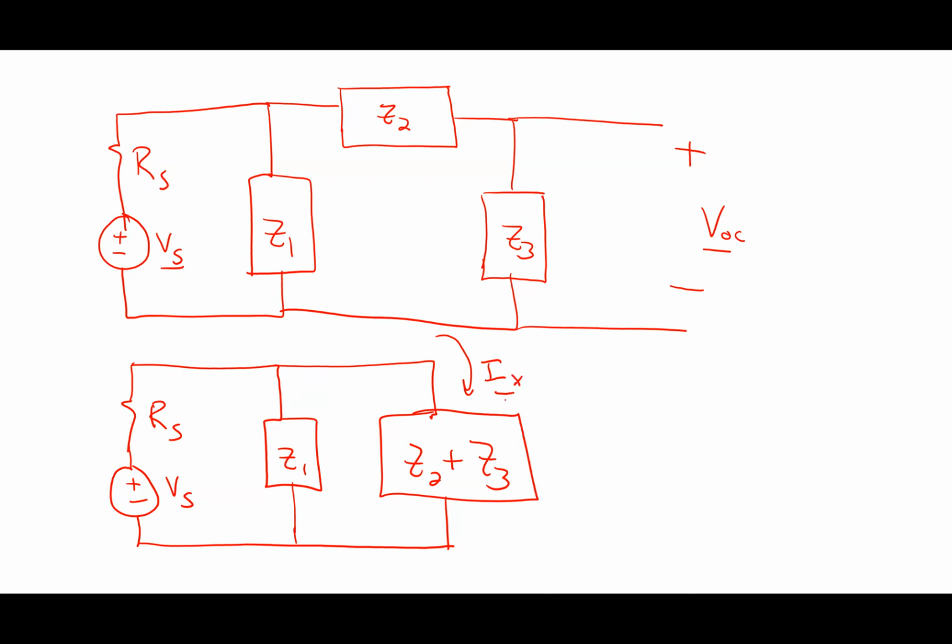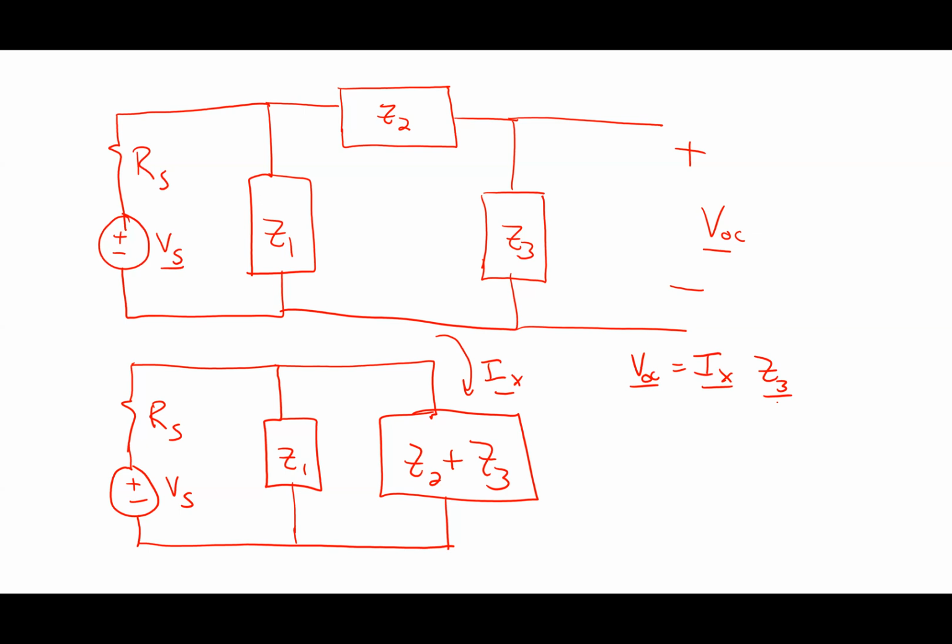As long as I can get that IX, I can say that VOC is IX times Z3. You guys follow that? As long as I get the current in that branch, then I can figure out the VOC by using that current. All right, so how would I get the current in that branch?